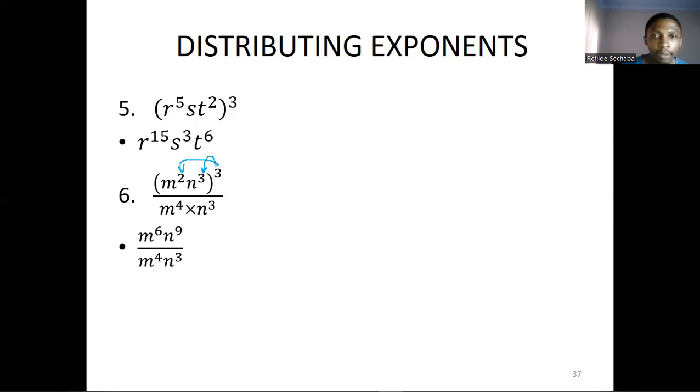Then you apply the laws of division. So m to the exponent of 2, which is 6 minus 4, and n to the exponent of 6, which is 9 minus 3. Brilliant.